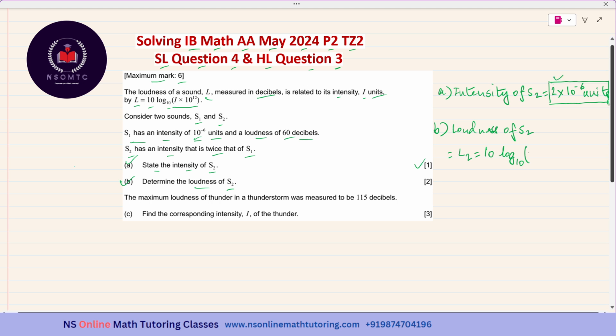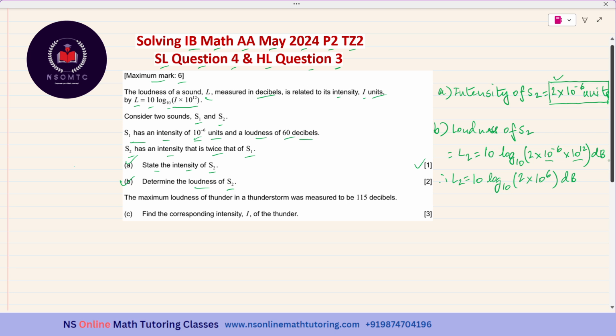I2 is this: 2 times 10 to the power of negative 6 times 10 to the power of 12, decibels, obviously. So this is 10 to the power of negative 6 and this is 10 to the power of 12 getting multiplied. So it will be, therefore, L2 is equal to 10 times log to the base 10 of 2 times 10 to the power of 6 decibels.